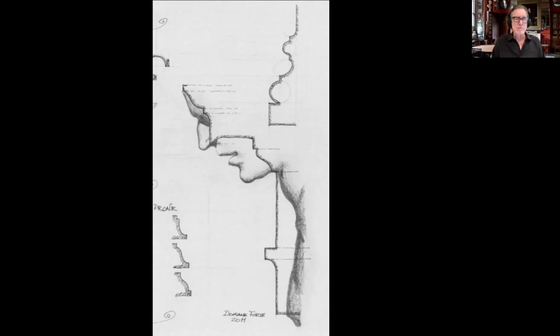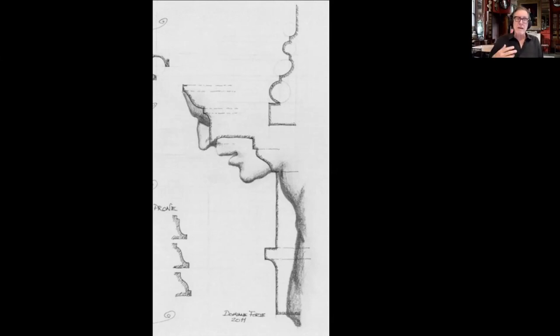And when architecture is doing its job, it's using that language to tell us stories. Stories about architecture itself, about physics, about structure, and the construction of it. And stories about us, about our culture, our values, our aspirations, and our nature as human beings.